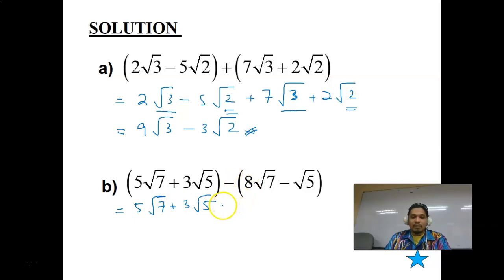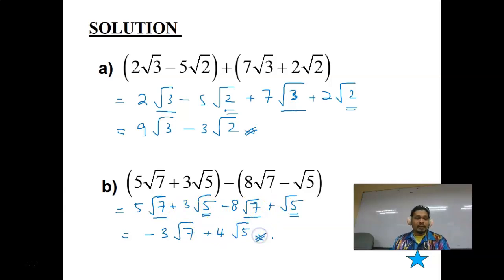Negative times positive gives negative 8 square root of 7, negative times negative gives positive square root of 5. Now square root of 7 with square root of 7, 5 minus 8, negative 3 square root of 7, and square root of 5 with square root of 5, 3 plus 1 equals 4 square root of 5.